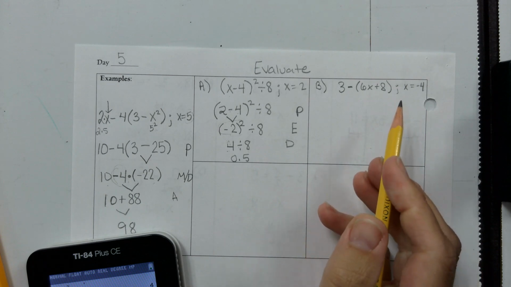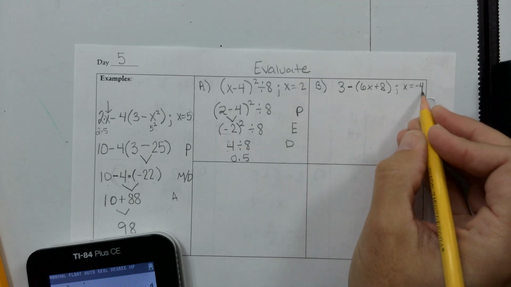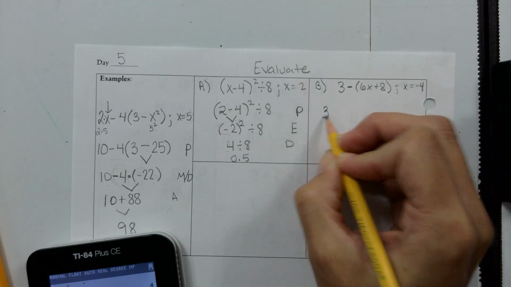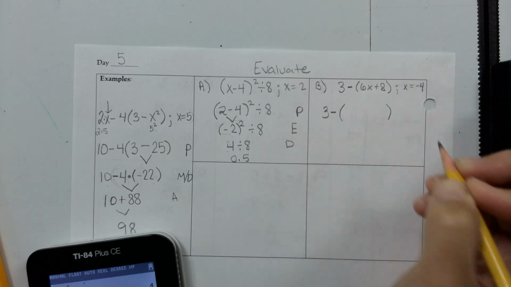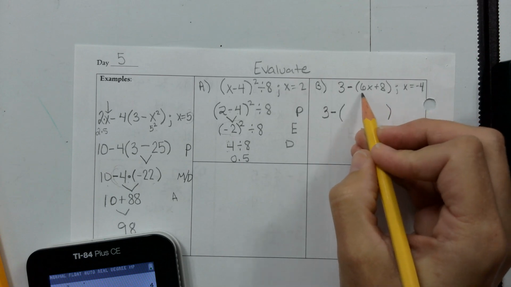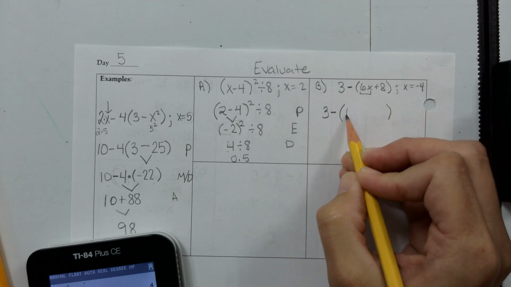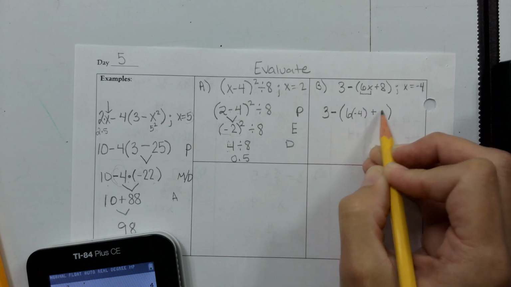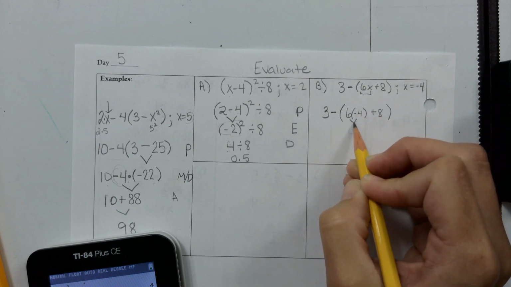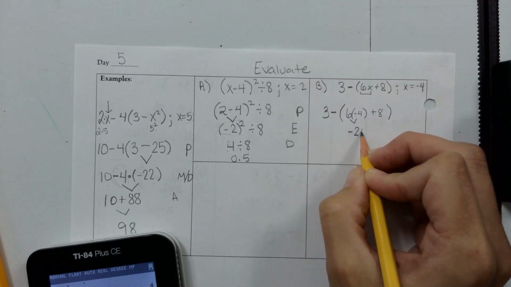Plugging in the second one for B. Again, pause the video if you need to. So I'm going to plug in this negative 4. So we're going to take 3 and we're going to subtract whatever I happen to get inside these parentheses. The first thing inside the parenthesis I'm going to do is 6 times negative 4. I'm going to take 6 and multiply it by negative 4 because that's inside the parenthesis, the first thing I have to do. That's negative 24.